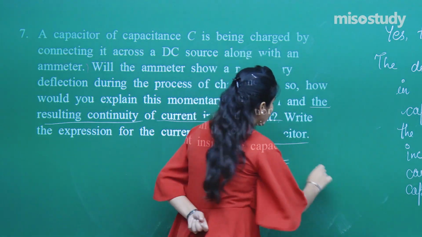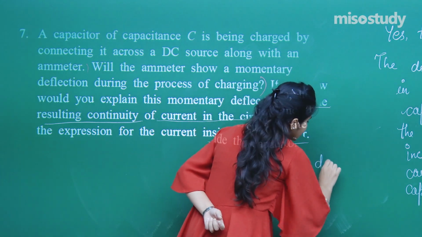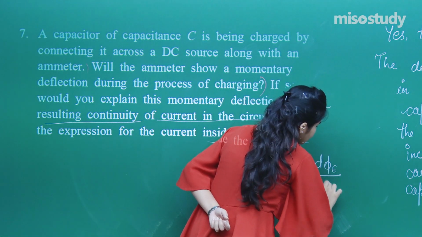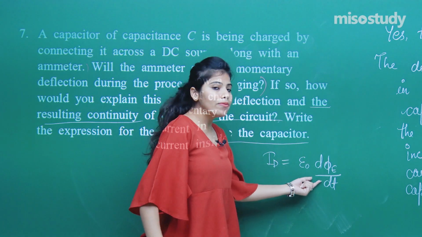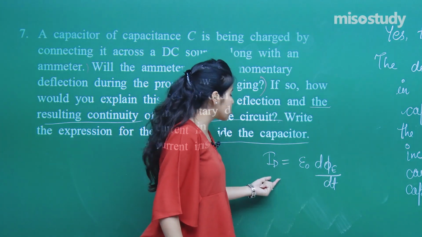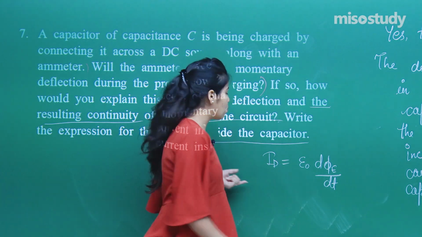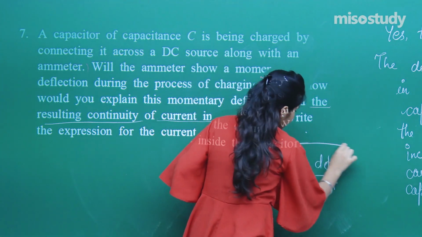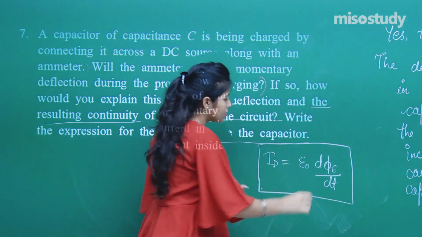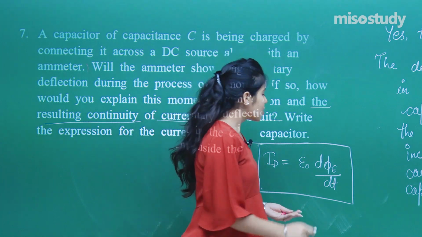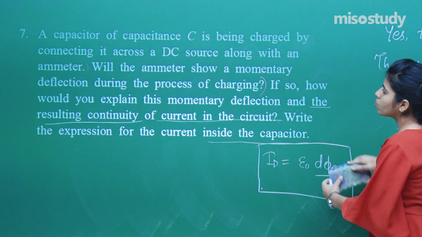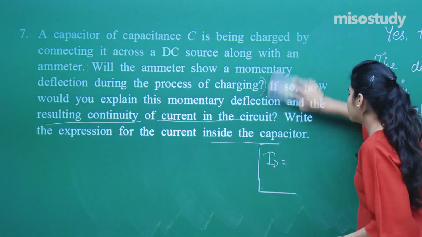ID equals epsilon naught d phi e upon dt. That means time varying electric field is causing the displacement current to flow. This is the expression. Okay. So, the question has been completed. We should move to the next question, question number 8.